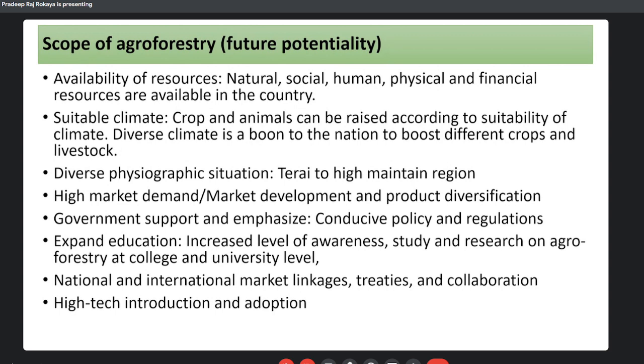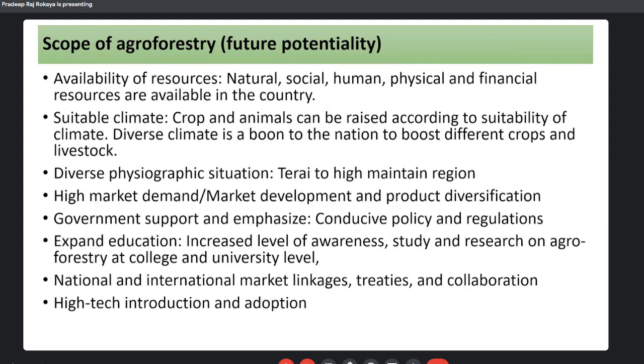So agroforestry is supported by the external environment, in the condition of policy and regulation made by the government. Each government level has developed its policy and regulation to develop agroforestry systems. Expand education, increase level of awareness, study and research on agroforestry at college and university levels.